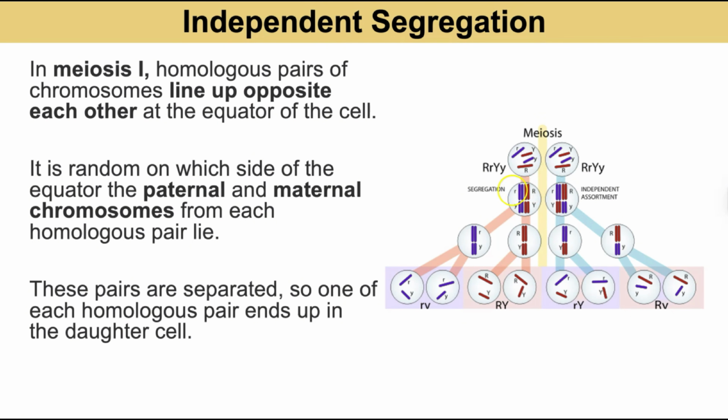They're always in their pairs, but it's random which side they go onto. And that matters because when the homologous pairs get separated, those chromosomes are pulled apart to the opposite ends. Which side of the equator they're on will determine which chromosomes you get in these cells here, and then the chromatids get separated. So that is how the genetic variation is introduced.